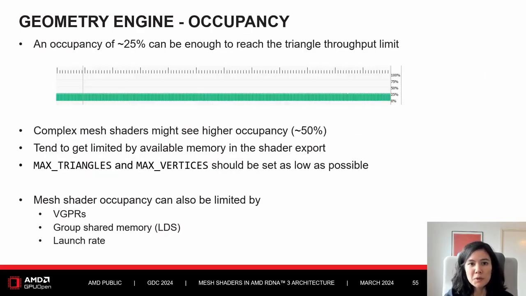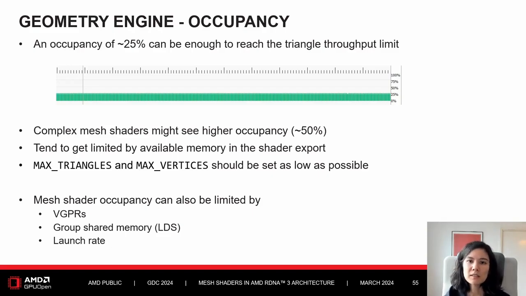So it's totally possible that an occupancy of about 25% is already enough to reach the triangle throughput limit. If you have very complex mesh shaders though, you might see a higher occupancy of about 50%. And these complex mesh shaders actually tend to get limited by the available memory in the shader export.